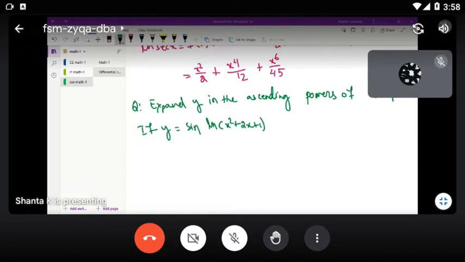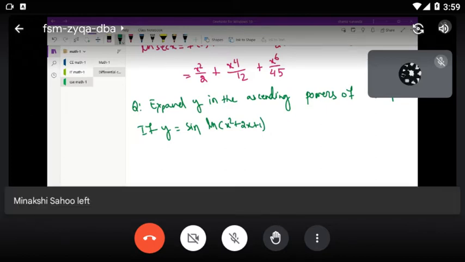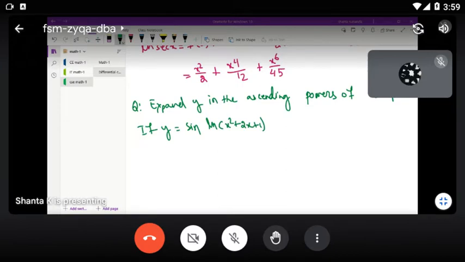For this, two functions need to be multiplied, but here nothing is multiplied. So first, differentiate y with respect to x.